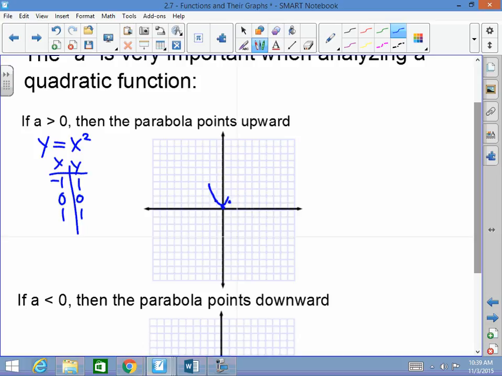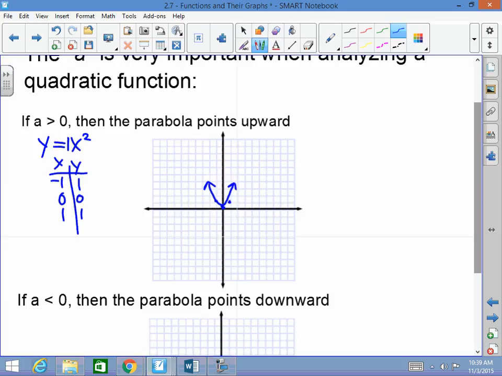Not only because my points tell me so, but because my A here is greater than 0. There's an invisible 1 here. Try to remember that. So as long as it's positive, I am pointing upwards. So if you graph a quadratic or any other function, and your A is negative, and your graph is pointing upwards, you made a mistake, my brothers.